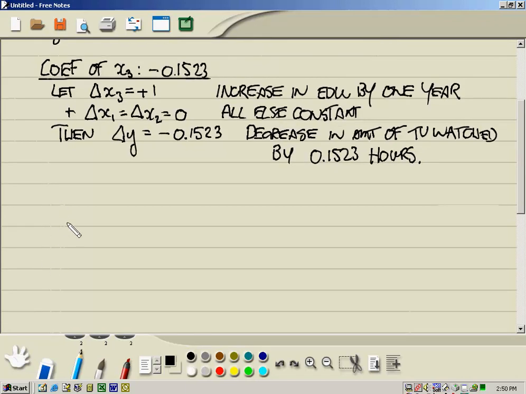Alright, so putting this together in a sentence, it goes as follows.